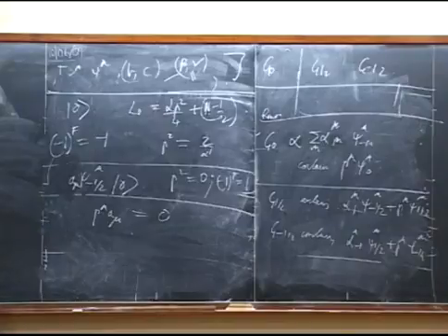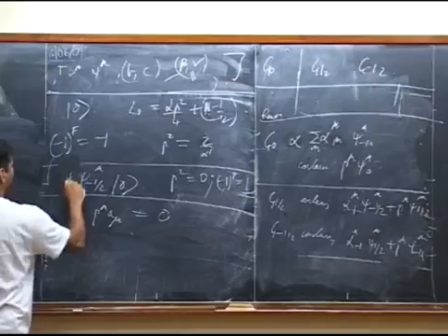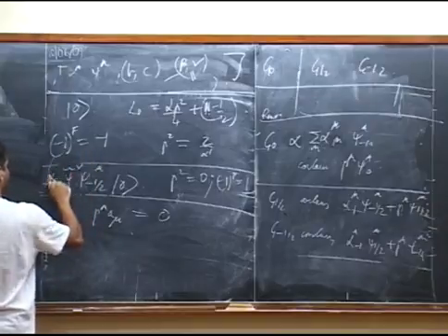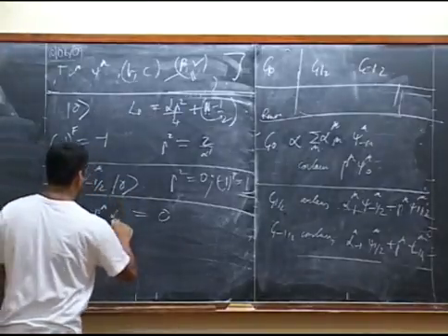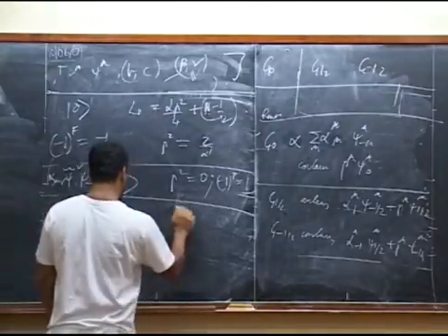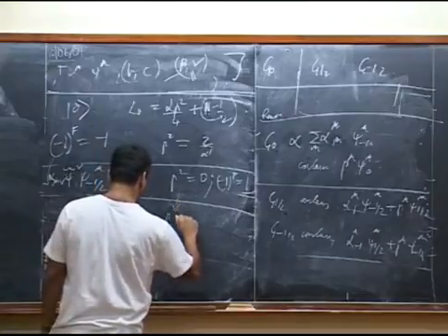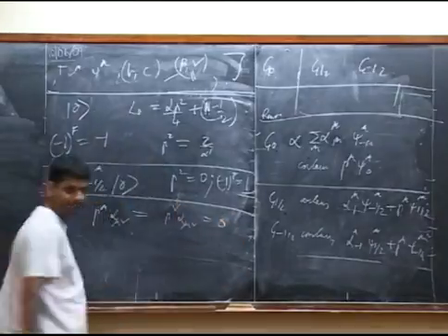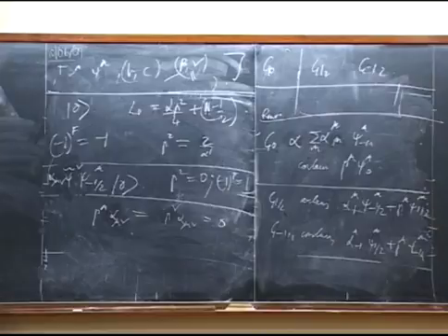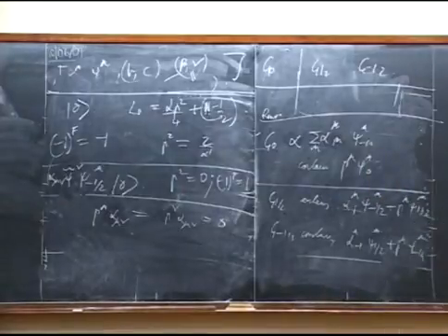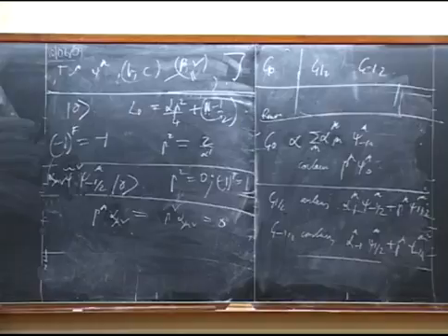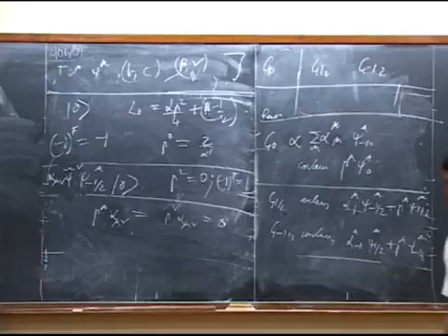Is this clear? More generally, if we reinstate this, we can put some alpha mu, then we would get the condition P mu of alpha mu mu is equal to P mu of alpha mu mu. This is a physical state. Okay?